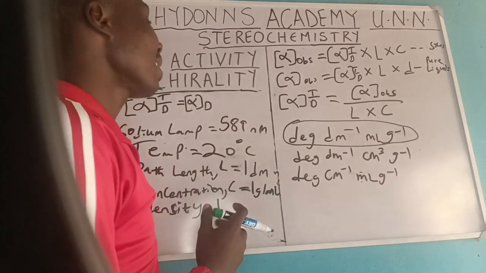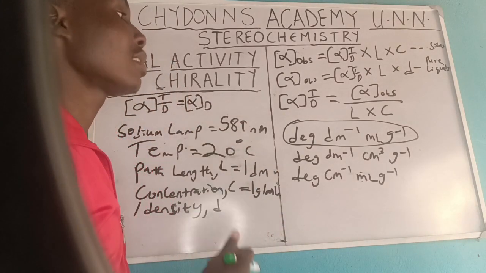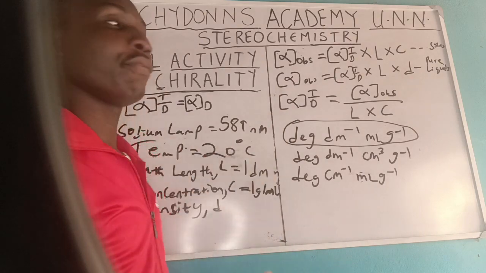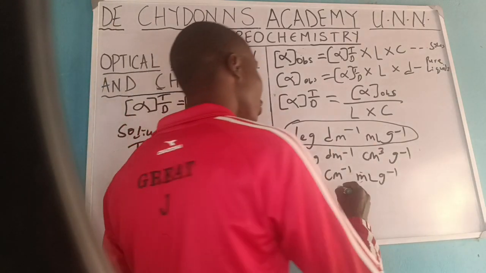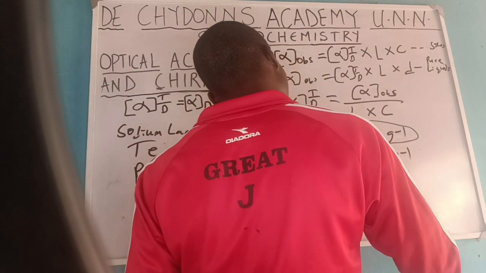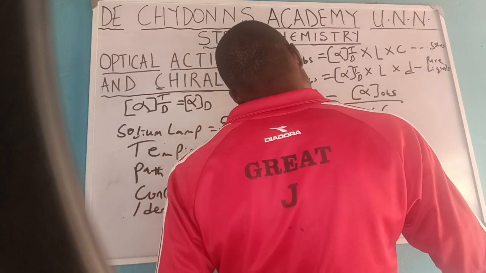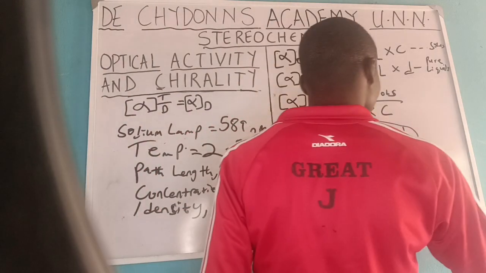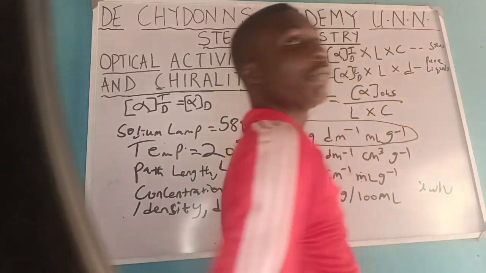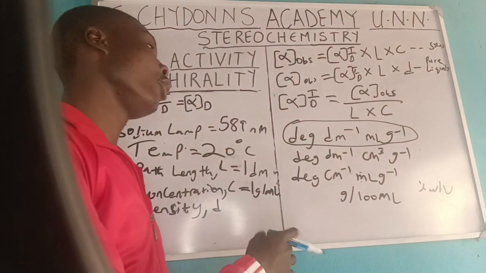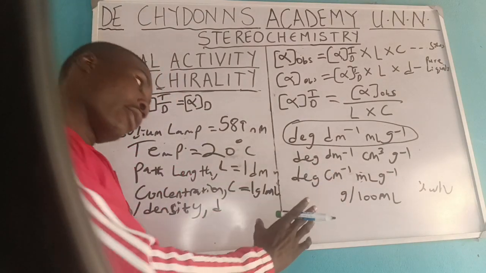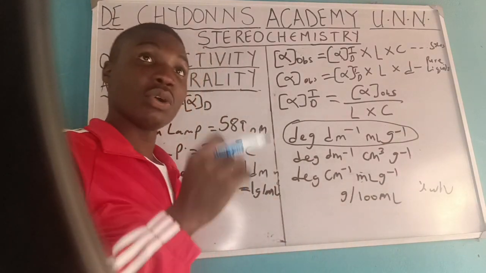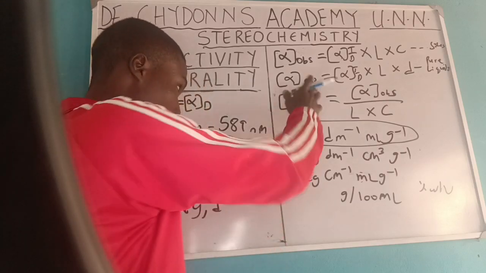Now, one very important thing you have to take note of is that sometimes concentration is given in gram per 100 mL. This refers to percentage weight by volume. When you have your concentration in gram per 100 mL, what do you do about your formula?